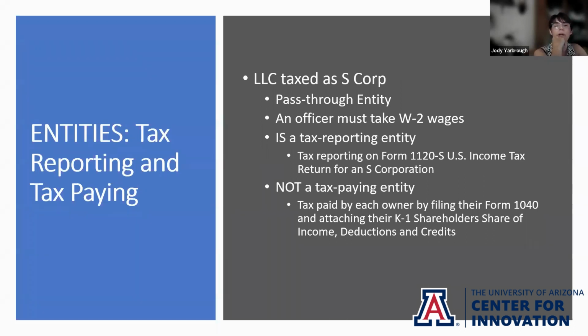So this one, because it's a pass-through, tax is going to be paid by the owner when they file their 1040, and they attach their K-1, shareholder's share of income, deductions and credits. So when the tax preparation part is happening in these entities that have K-1 reporting requirements, the K-1s are part of that process when the tax return is prepared.